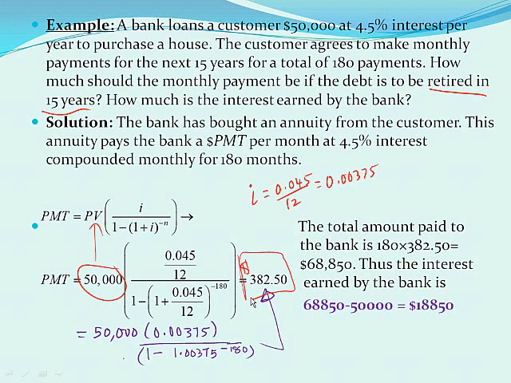That is the monthly payment on that loan. The total amount paid to the bank is the monthly payment times the number of months, which is 180, coming out to $68,850. We only had a 50,000 loan, so the remaining amount will be the interest. Subtract 50,000 from the total payments, getting $18,850 as the total interest paid.